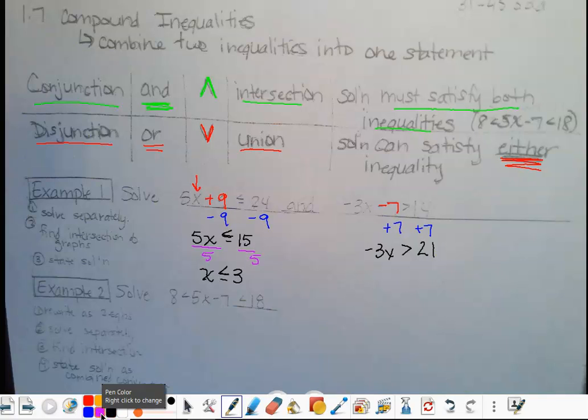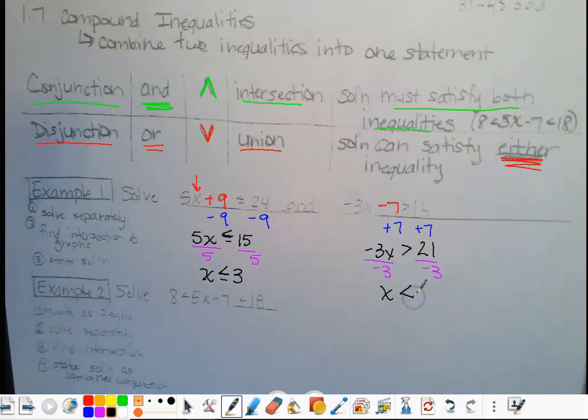All right, then negative 3 is being multiplied by x, so we divide by negative 3 on both sides. That leaves us negative 3x divided by negative 3, which is x. We divided by a negative number. Does anybody know what happens there?